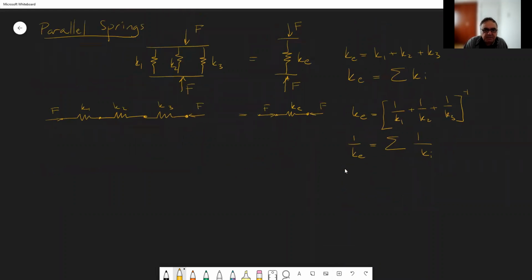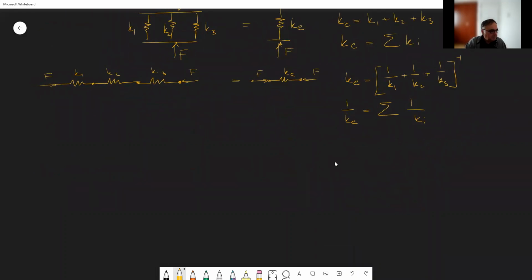For example, let me give you another example here. If you have two bars connected like this, this is one bar, you have a thinner bar connected to it, and you apply a force on it.